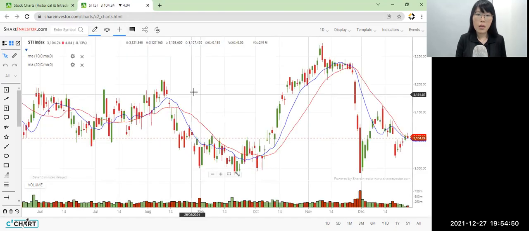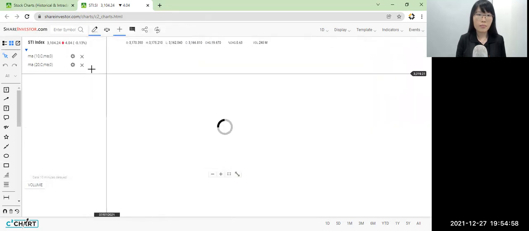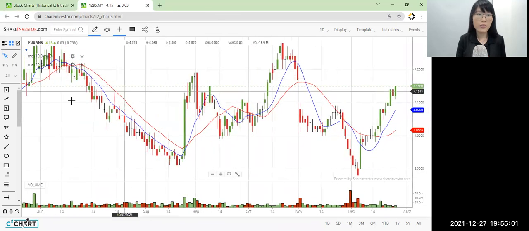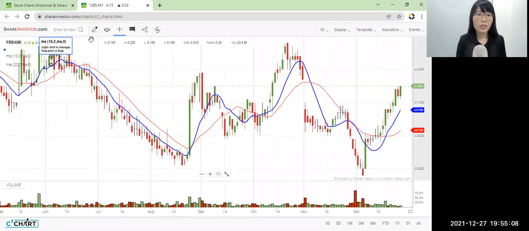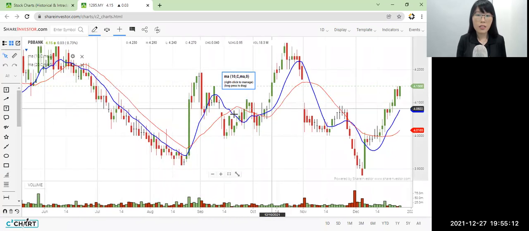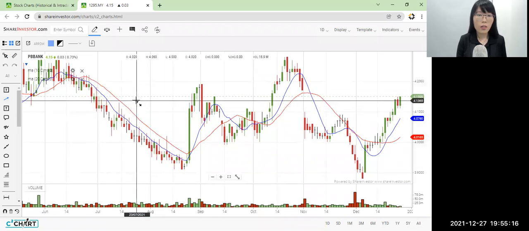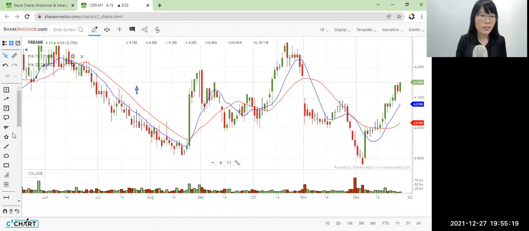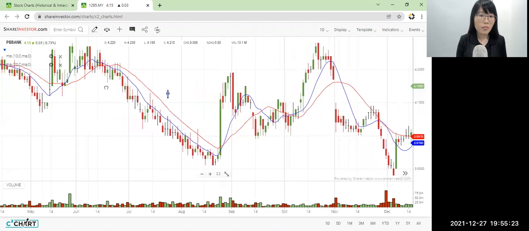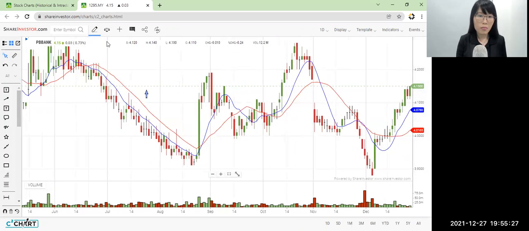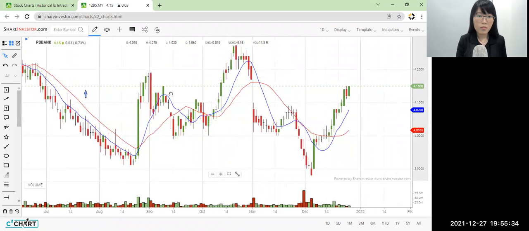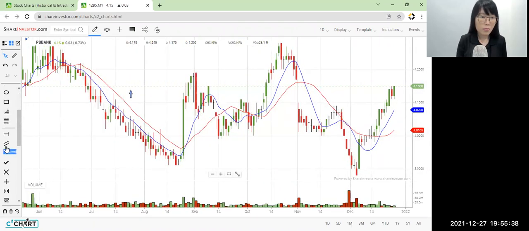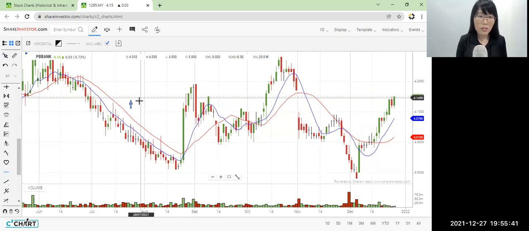Based on these features, you can draw some lines here, or put some symbols and so on.